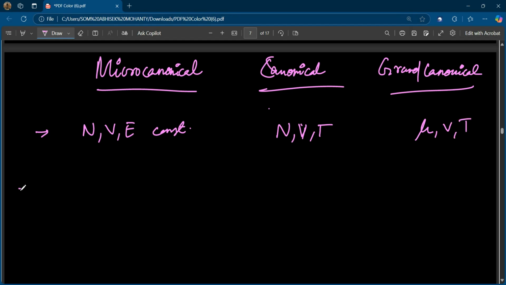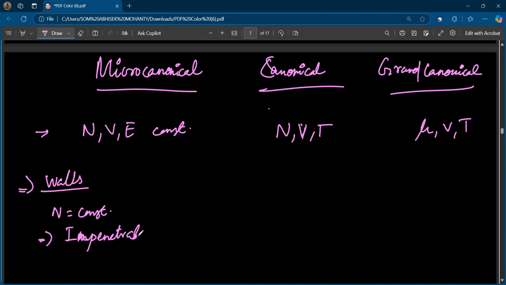Let's talk about the walls. For microcanonical, N is constant, which means these are impenetrable or impermeable walls. For canonical, N is again constant, so again impermeable walls.